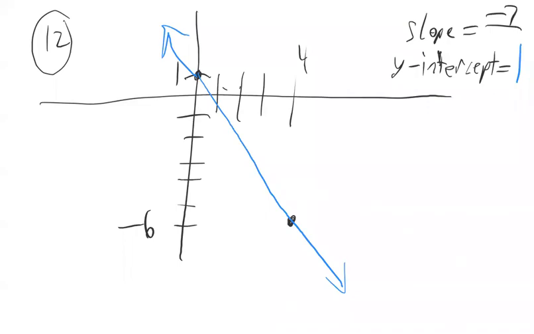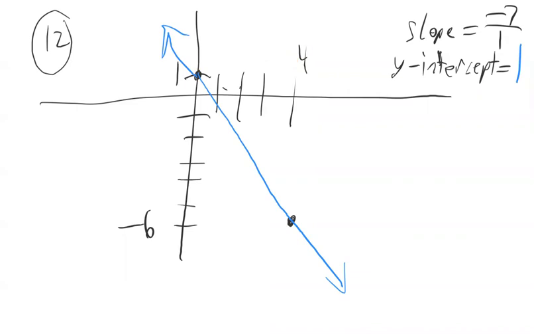And then you count how far forwards it goes. If you go back to the first point right here, you go forwards 1, 2, 3, 4. So the amount forwards is 4.